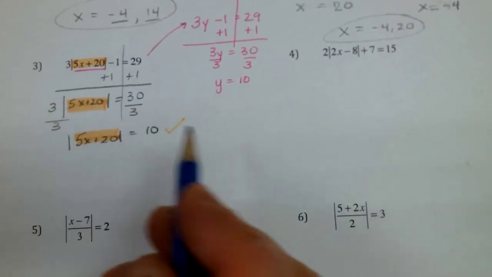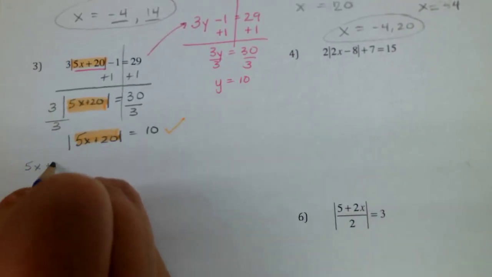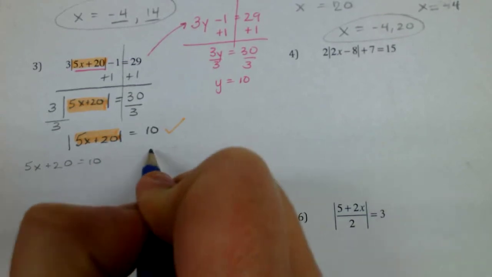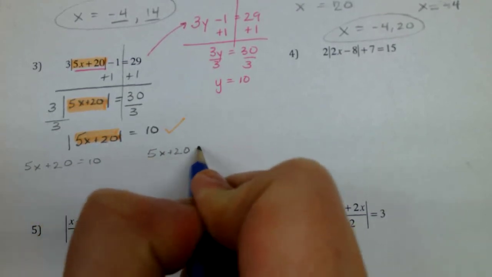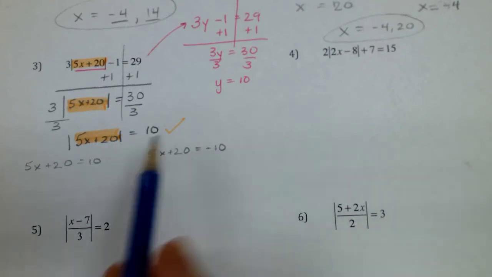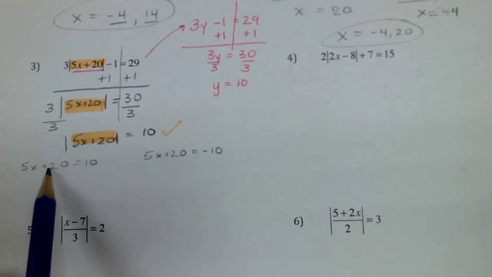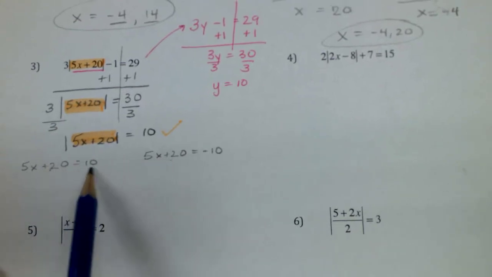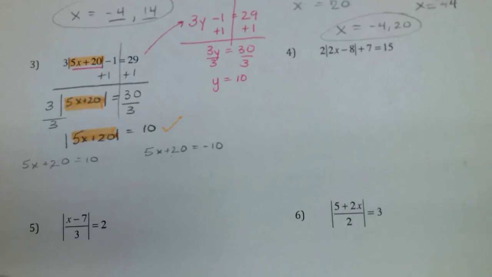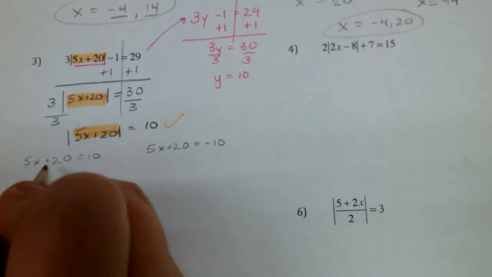So my two equations are going to be 5x plus 20 equals 10, and 5x plus 20 equals negative 10. What is inside absolute value is never touched. That stays the same on both of these equations. Only the other side changes. So now I can solve this.